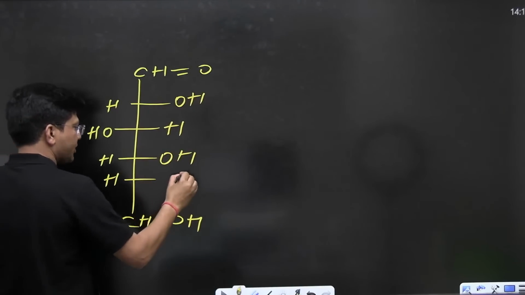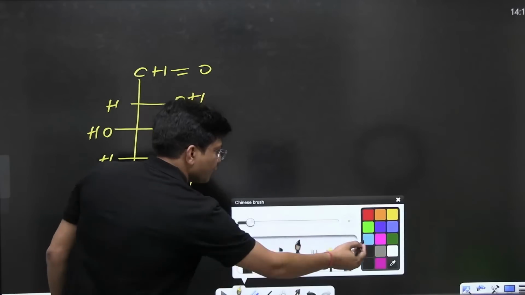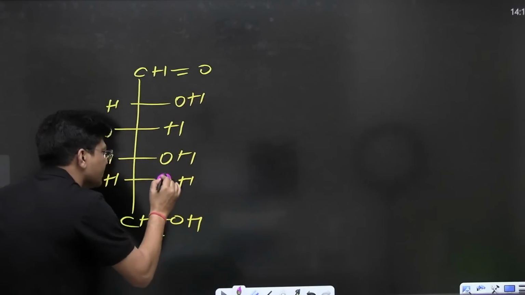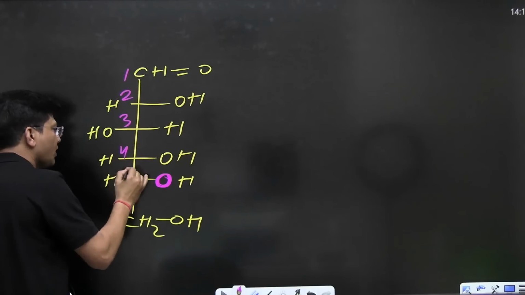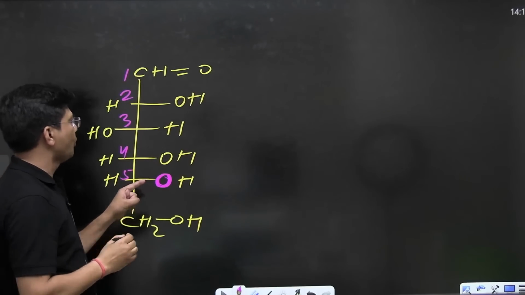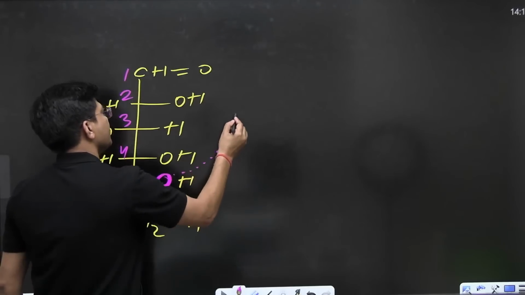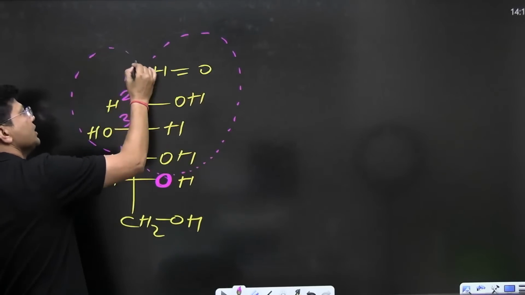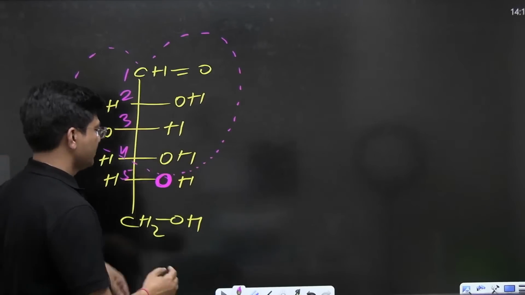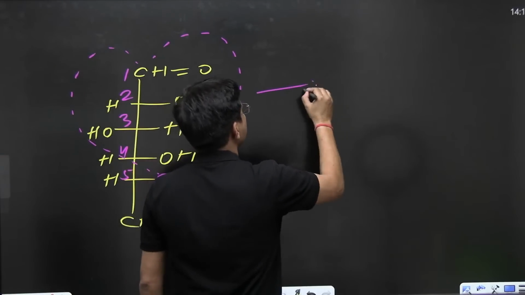So what I was talking about, we have to keep in our brain this oxygen which is attached on the 5th carbon. This is the main oxygen. This is going to be a game changer. This is going to attack this carbon from the left-hand side as well as from the right-hand side, and that is going to form the ring structure.